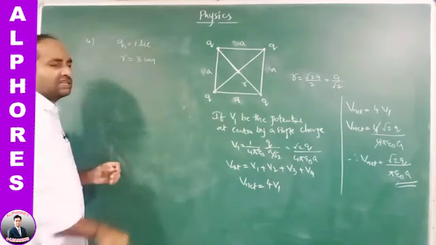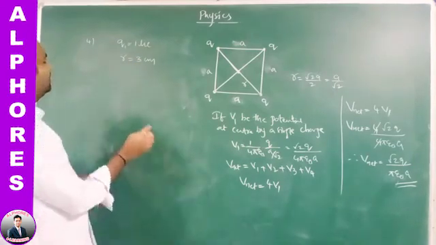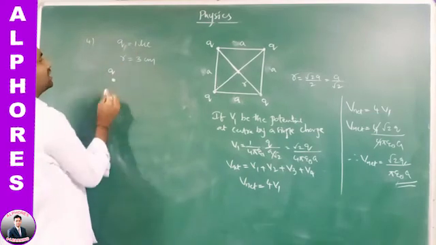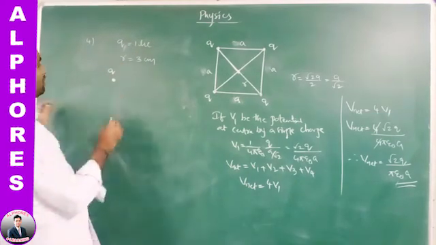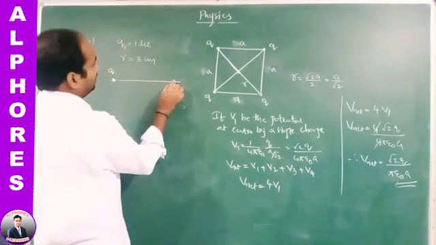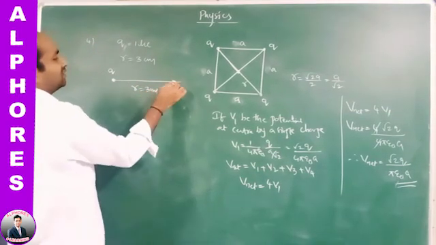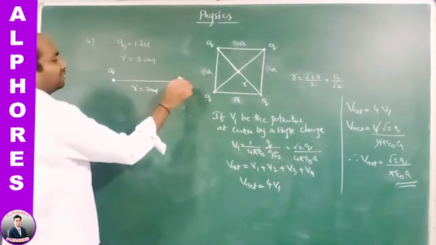Let Q be the charge kept at any point in the free space, and we need to find the potential at a distance of 3 centimeters from the charge.